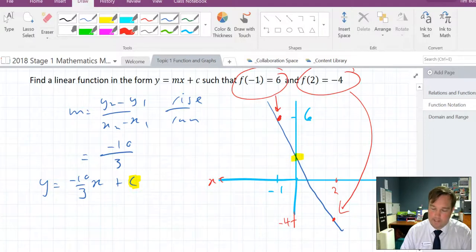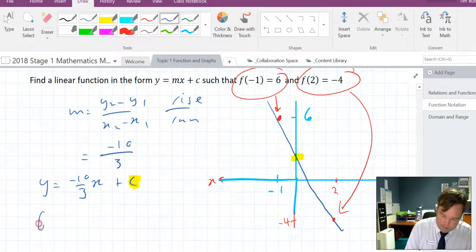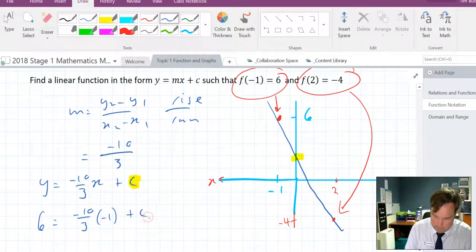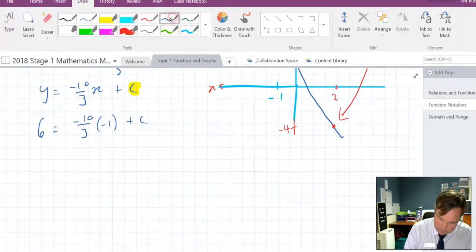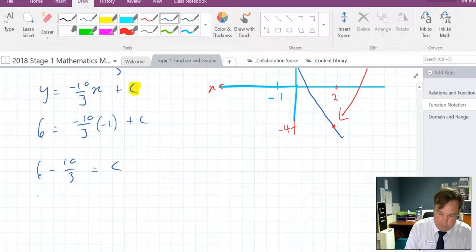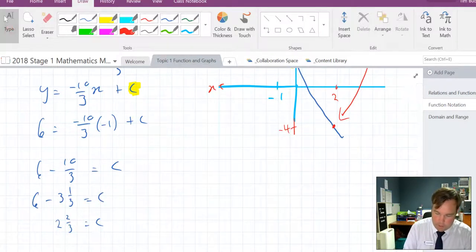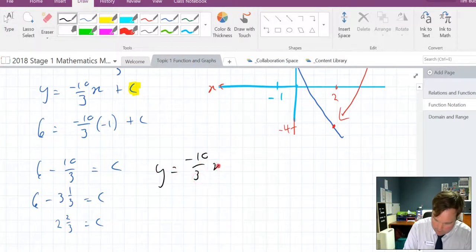The first one is saying when x is minus 1, y is 6. 6 equals minus 10 on 3 times minus 1 plus c. 6 take 10 on 3 equals c. 10 on 3 is really 3 1/3. 6 take 3 1/3 is 2 2/3. So the equation we're after is y equals minus 10 on 3 x plus 2 2/3.